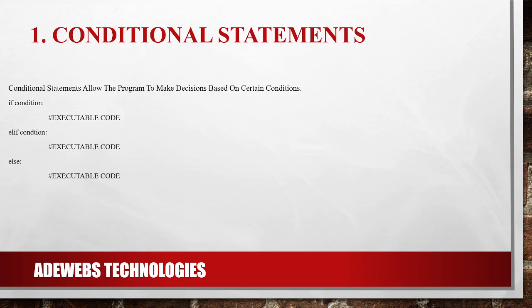So conditional statements allow the program to make decisions based on certain conditions. The syntax to define an if condition is: if, then the condition in front, a colon, then an indentation, then the line of code that should be executed. So let's get to the terminal to see that in action.